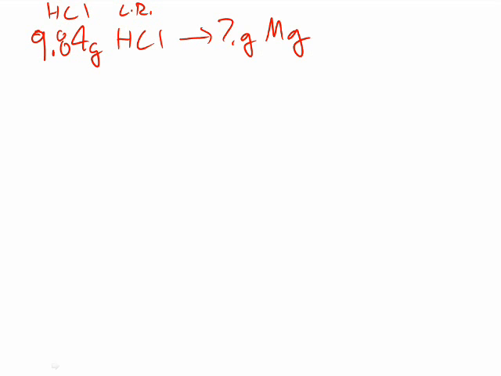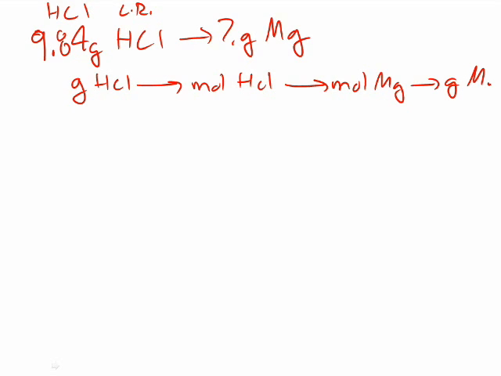There's nothing special about this. This is the same thing we've been doing. We're just going to go from grams of hydrochloric acid to moles of hydrochloric acid to moles of magnesium to grams of magnesium. That's how much is used. This is going to be the magnesium used, and then from there we'll just subtract it.